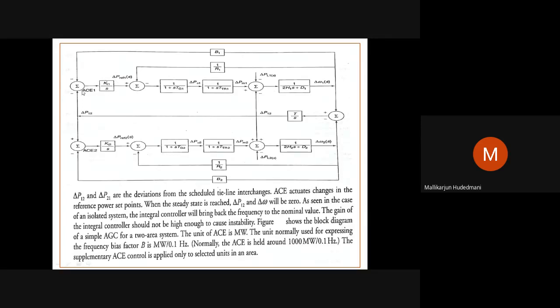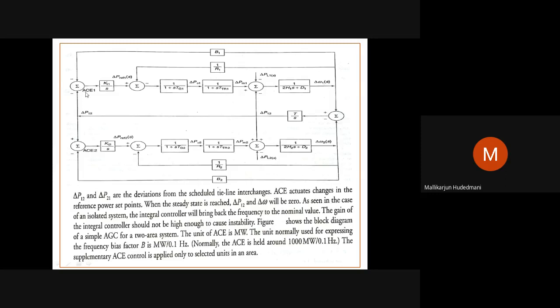This error needs to be 0. When the error is 0, whatever set point is available for the primary control loop is satisfying the requirement, such that the error delta omega is under control.